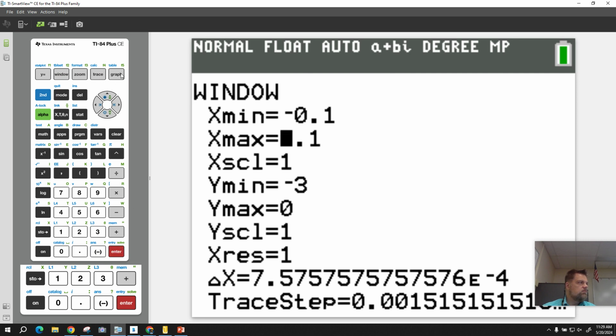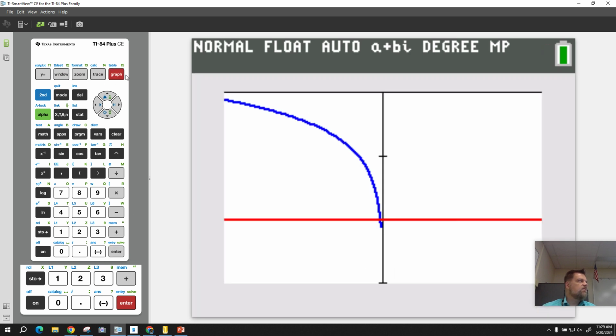That would be negative 8x. See, it's hard to do on the Texas Instruments because you have to play around with the window, but I've got the intersection right here.